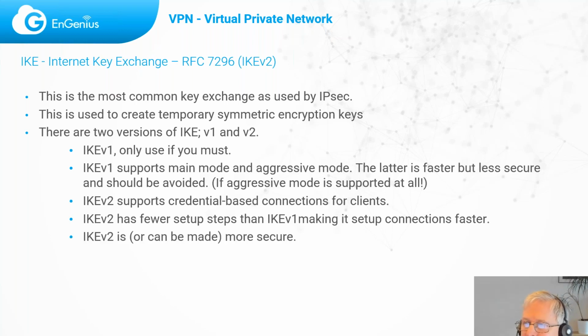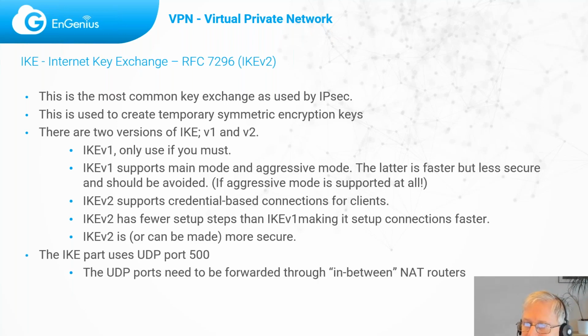And it can be made more secure than V1. Whatever you're using, V1 or V2, it uses UDP port 500 to set up the connection. And if you have any in-between NAT routers, that needs to be forwarded somehow to your IPsec router.